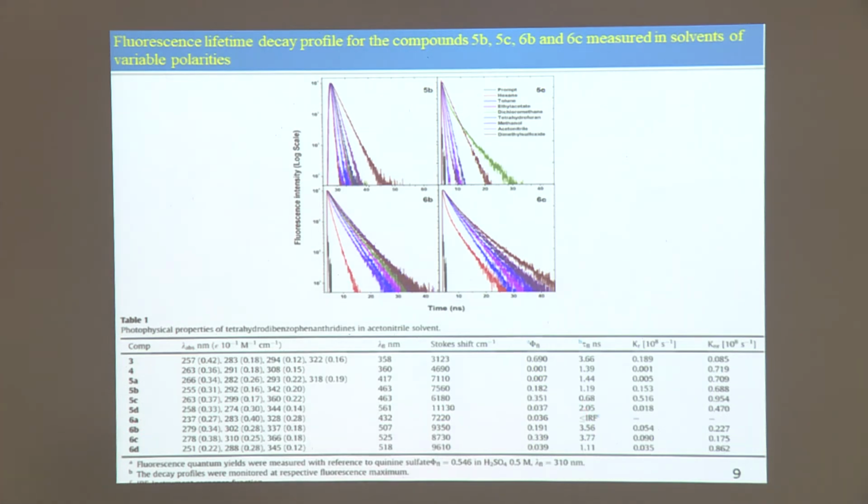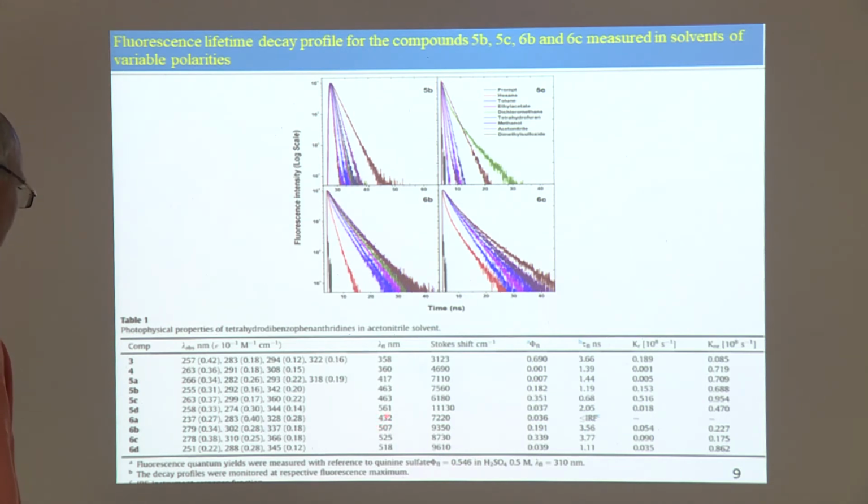Then 6A. In 6A we are having 2 cyano groups and 1 methoxy group in the phenyl ring. There is almost the same, slight shift from the previous one, but when we go to the emission, there is a blue shift instead of a red shift.